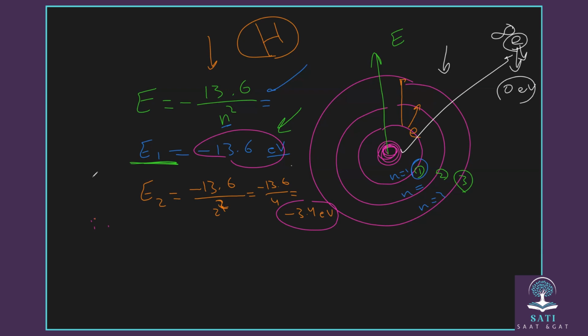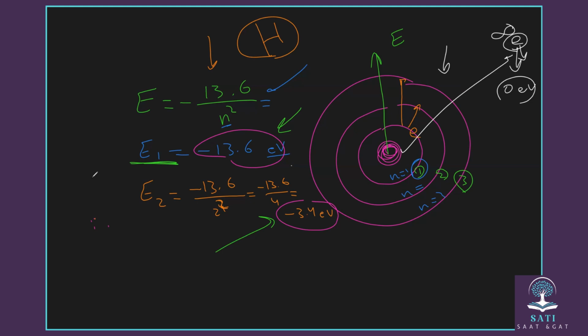What about if it is in the second energy level? It needs only 3.4 electron volt of energy to help this electron go away from the atom totally. So when it is in the first level, it needs 13.6 electron volt of energy to be ejected out of the atom.